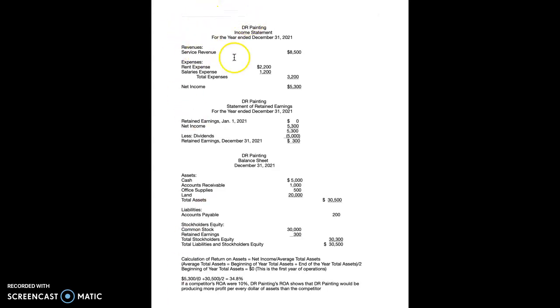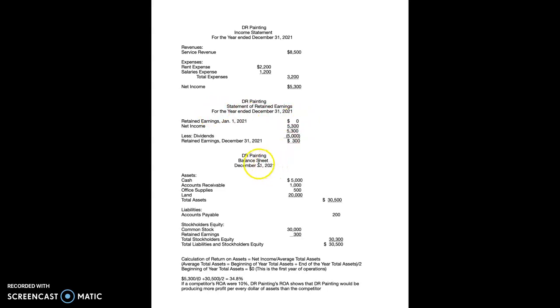So, we always start off with the income statement, and we will always want to title our statements with the name of the company, the name of the statement, and the period that it covers. For an income statement and a statement of retained earnings, the period of time that it covers is for the year ended December 31st, 2021.